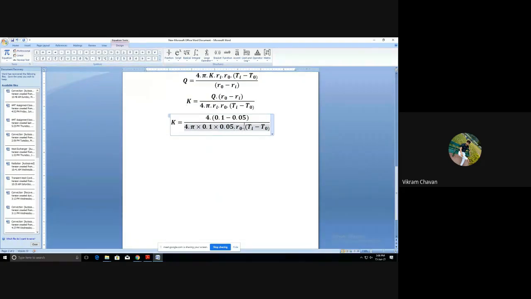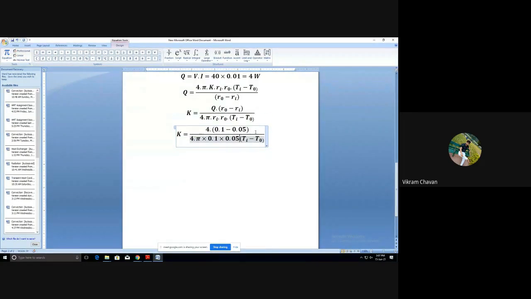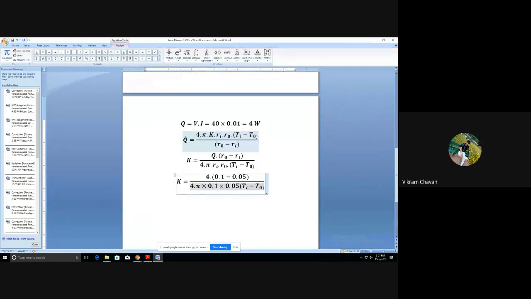If you put in whatever values you get for Ti and T naught here, you will get the value of K.